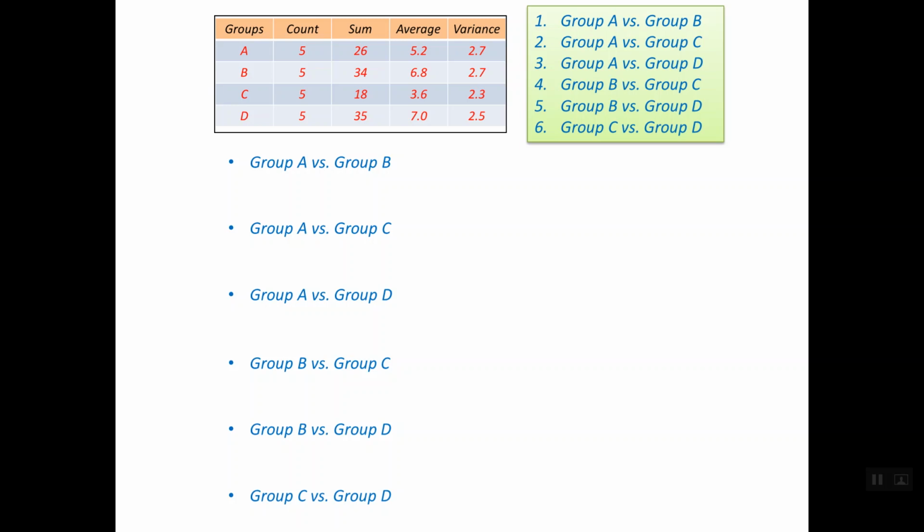So let's calculate the absolute difference between each of these 6 pairs. First, let's calculate for group A versus group B. The absolute mean difference is the absolute difference between x bar for group A minus x bar for group B. And if you check the top table, here x bar A is 5.2, and here x bar for group B is 6.8.